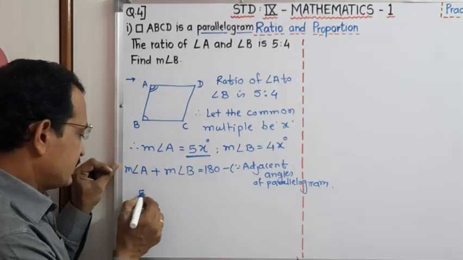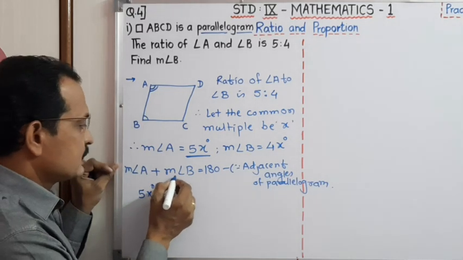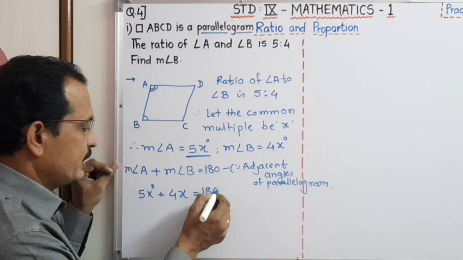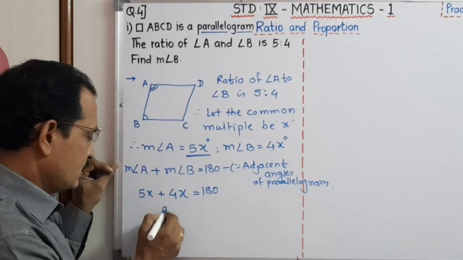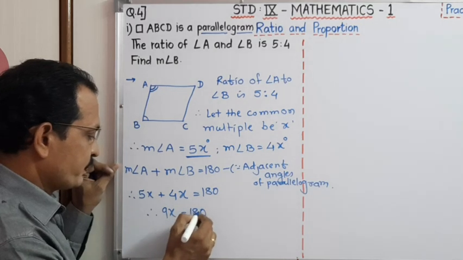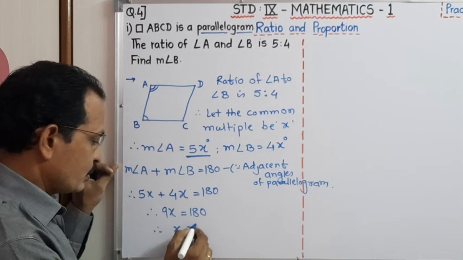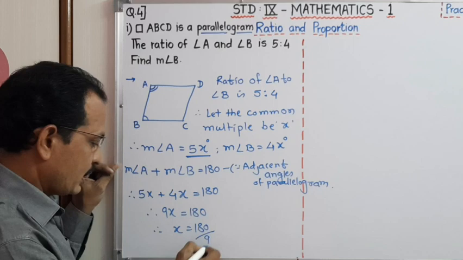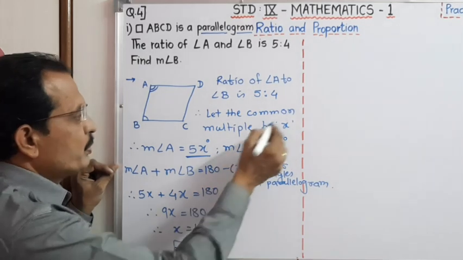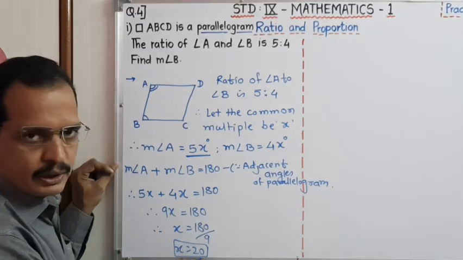Now dear students, what is measure of angle A? It is 5x degrees plus 4x is equal to 180. Now 9x is equal to 180. Therefore, x is equal to 180 upon 9. Therefore, x is equal to 20. That common multiple x is equal to 20.